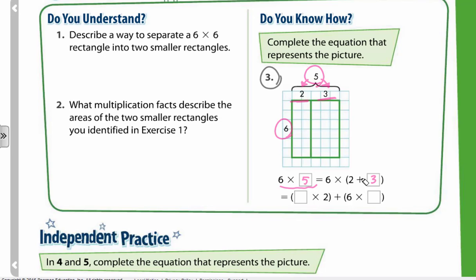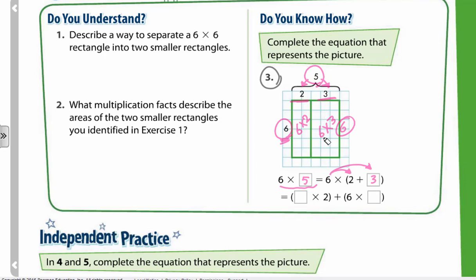Now we will use the distributive property to find the area of the first rectangle and the area of the second rectangle. So for the first rectangle we multiply 6 by 2. And for the second one, okay, if this is 6, so this also is 6, we multiply 6 by 3.